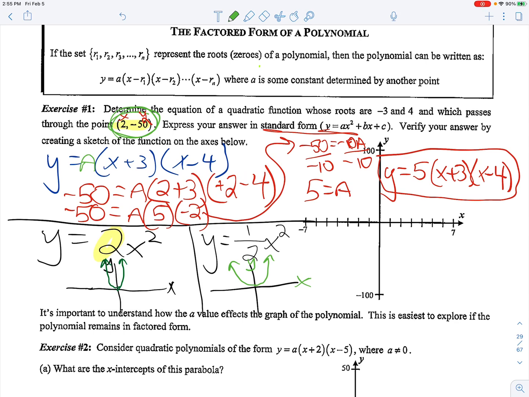Because if you put in a root, think about it: 0 goes in for y, and then you put in negative 3 for x. Negative 3 plus 3 is 0. 0 times negative 7 times a is 0a. 0a equals 0, that's indeterminate, by the way. So you cannot plug in a root for x and y to solve for a here.